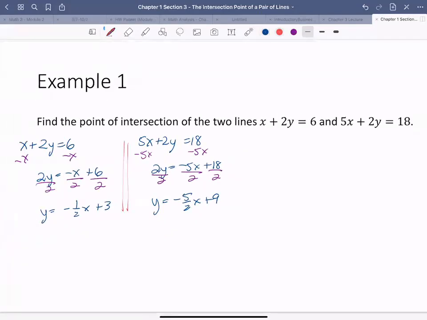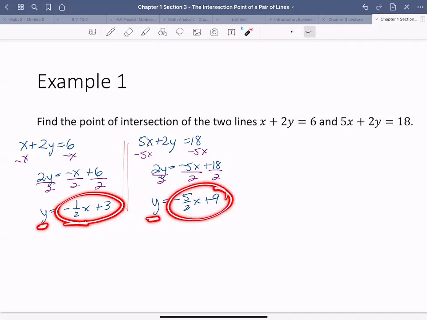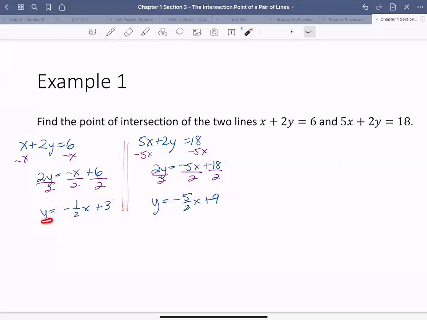So now once you have this, you're going to see that this equation says y equals, and this equation says y equals. If I'm solving them together, I can use them together if I use them appropriately. If this says y equals all of this, and this says y equals all of this, I can set them equal to each other, because if y is this, then I'm going to substitute in for this y, or vice versa.